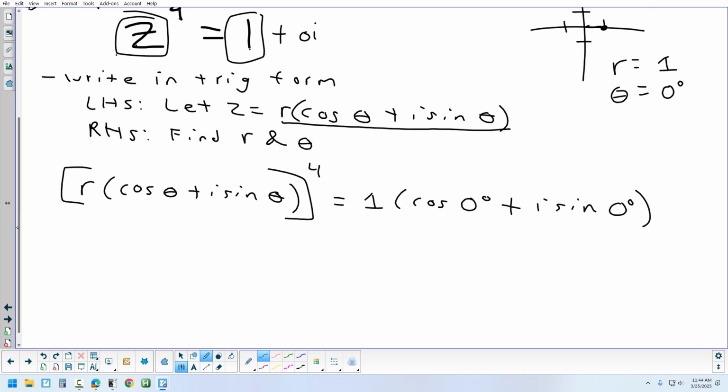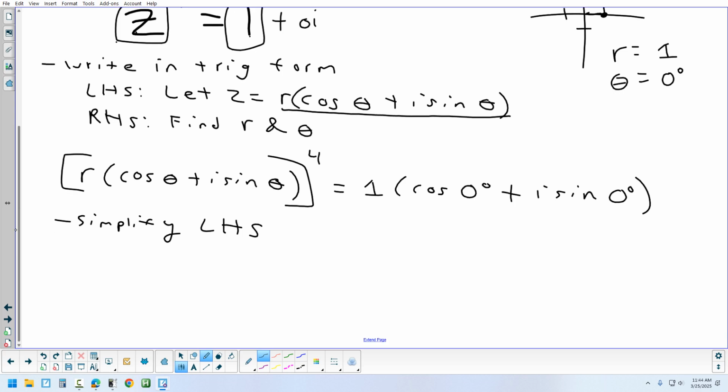All right. So now there's nothing we can do on the right, but we can do something on the left. So simplify the left-hand side. If we do the left-hand side to the 4th power, what would my radius be? r to the 4th. And what would my angle be if I do this to the 4th power?